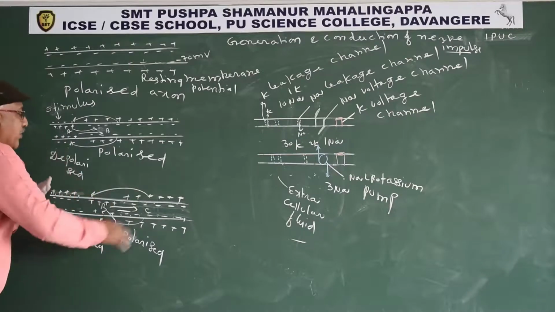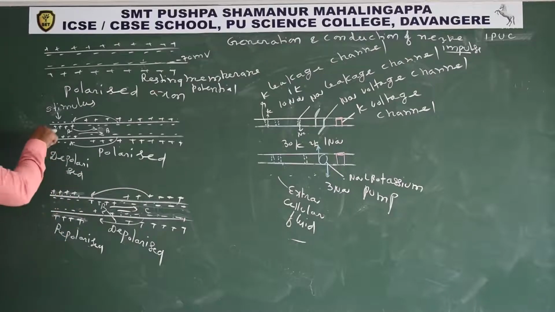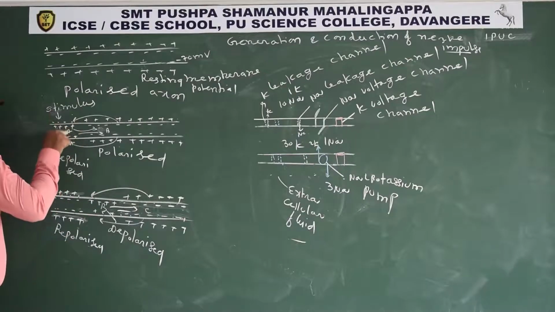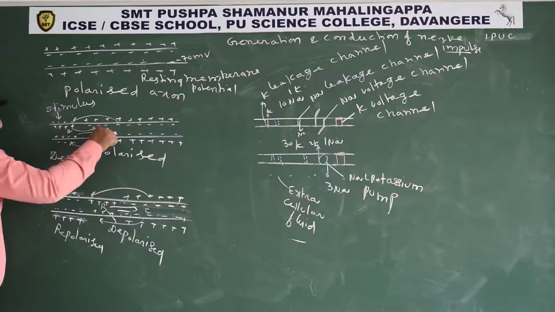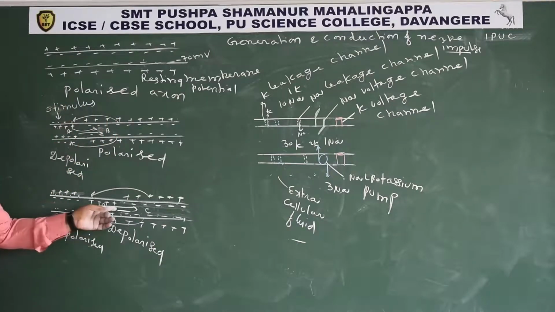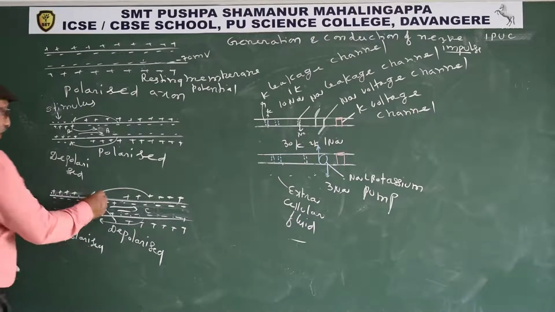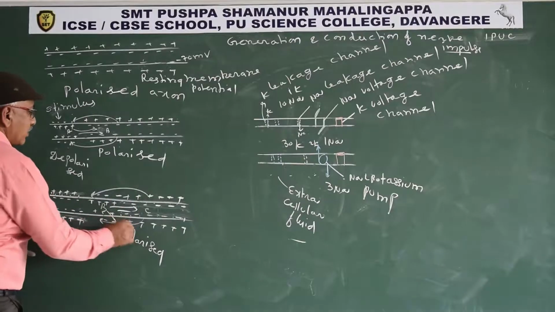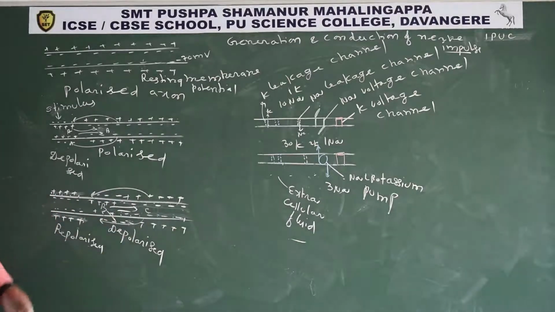So that is the complete circuit of current. Current flows from A to B inside, and from B to A current flows outside. As a result, the B part is electrically positive on the inner surface, so the outer surface is electrically negative. So the B part is depolarized.